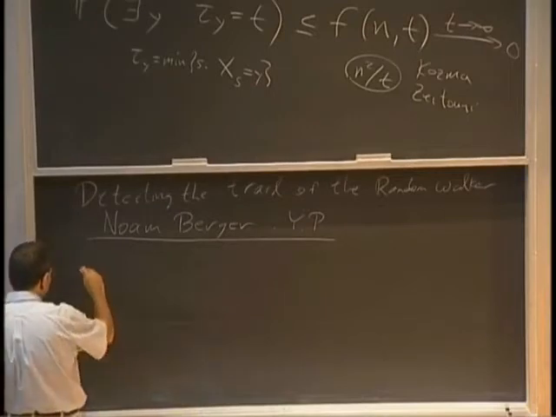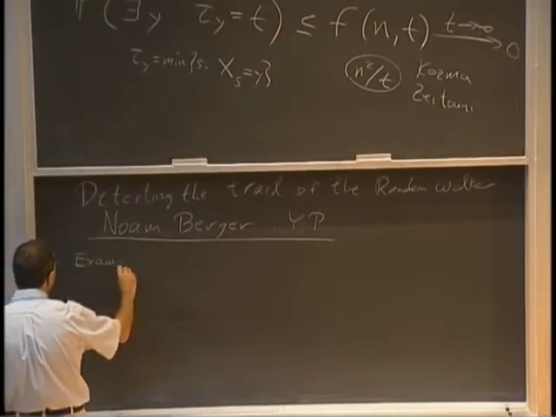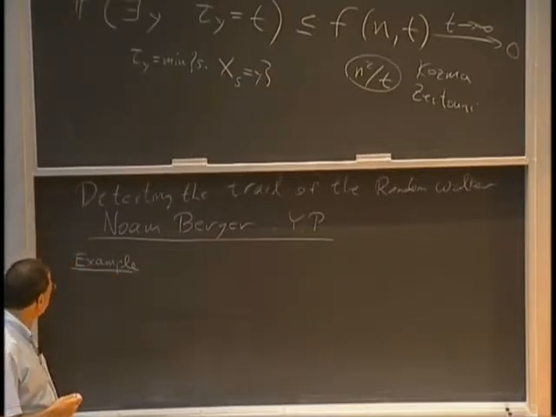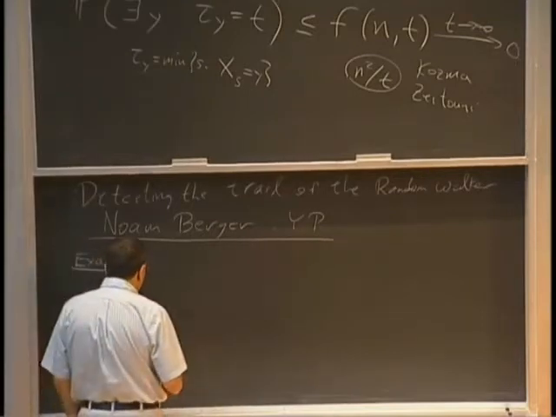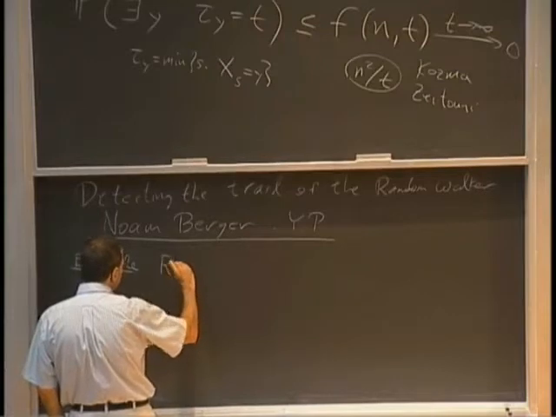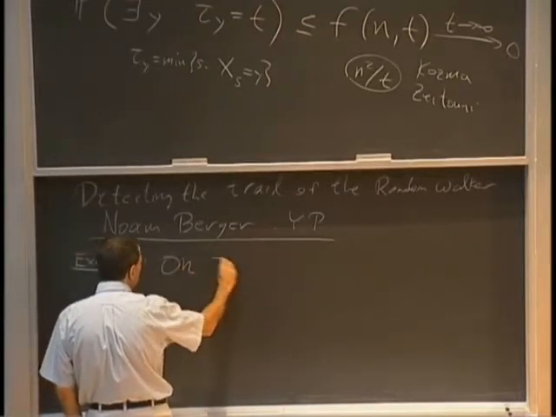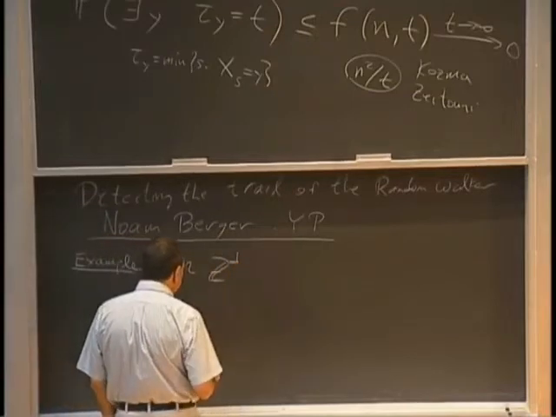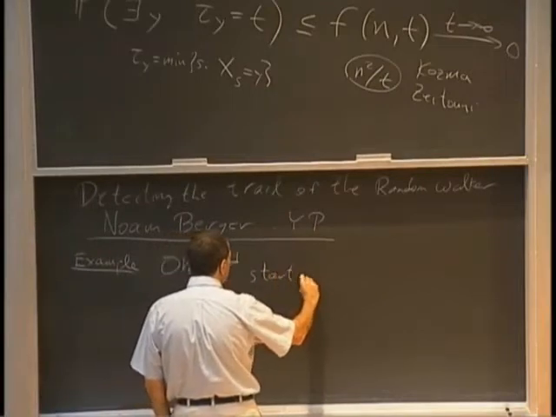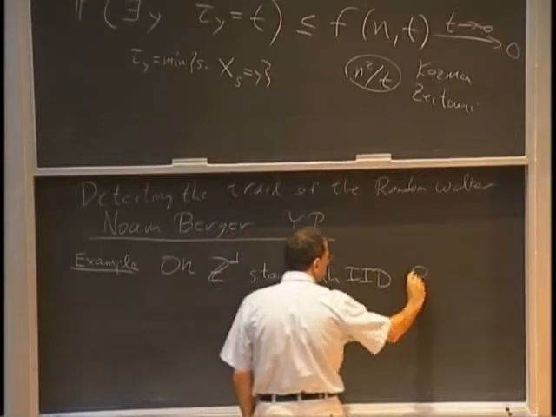So here's a general example of this type of problem, and we'll generalize it a bit. We have Z^d, and we start with independent fair coins everywhere.